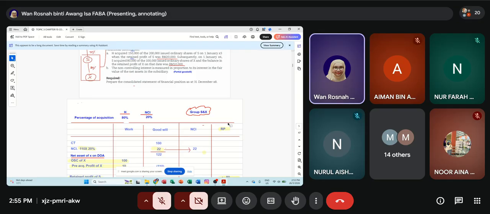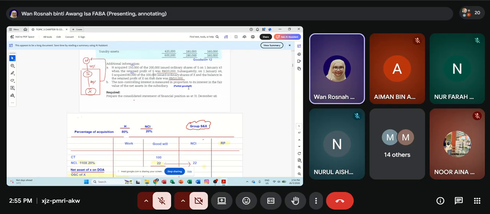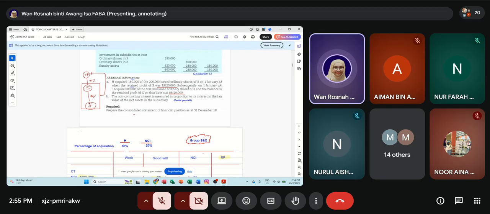Okay, so for group X and S first, before you combine with H. So in this case, you have 100.